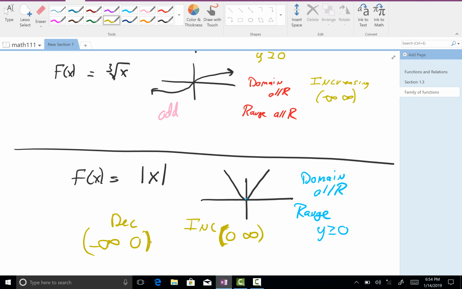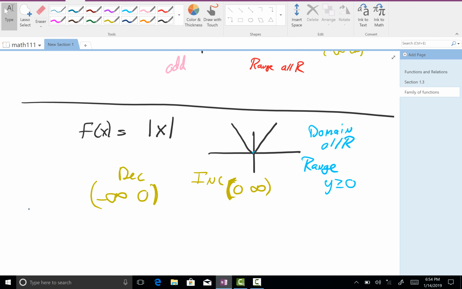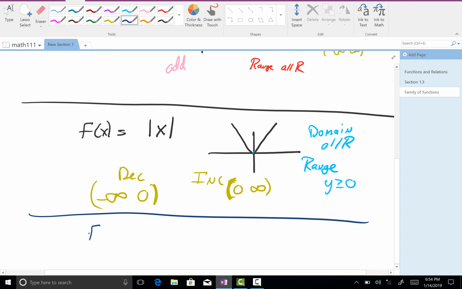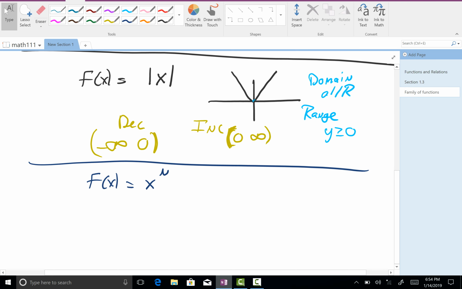Then they just keep going here. They do these. And I'm just going to generalize a little bit more. So these are called power functions. So anytime you have x to a power, that's called a power function.